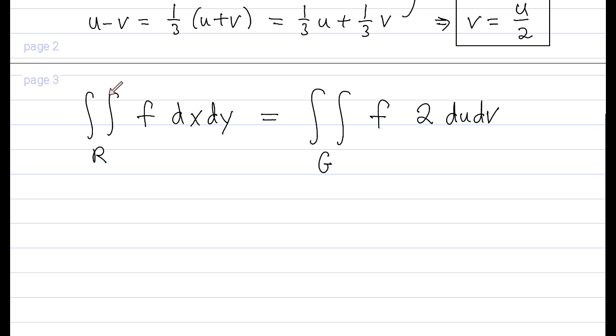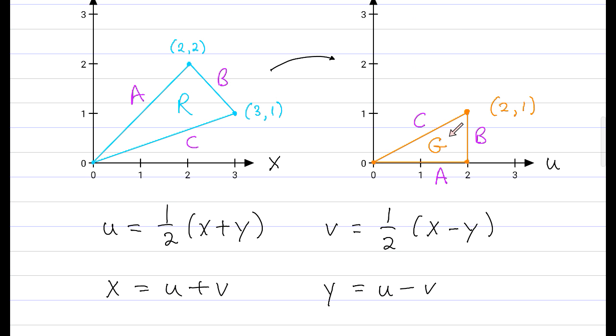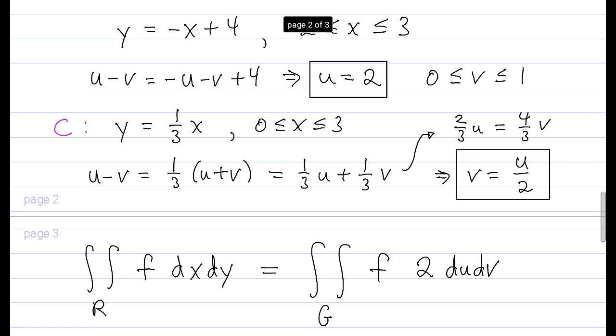Difficult integral, easier integral. Because remember, in this case, G is a nice triangle. You've done double integrals over regions like this by this point. This is not so bad. And that's our final result, and I hope you enjoyed the lesson.